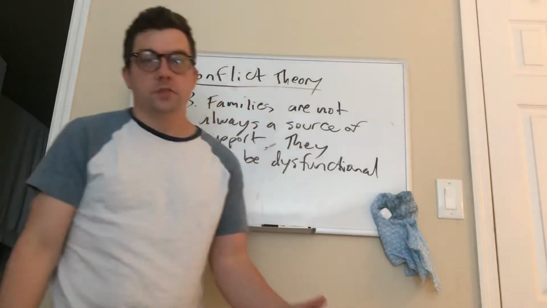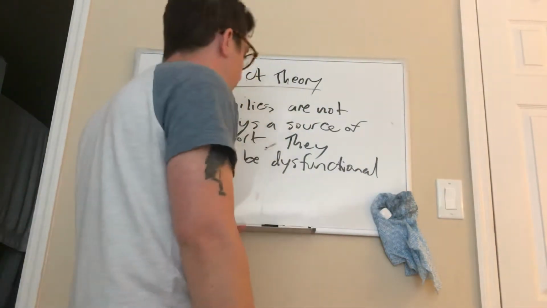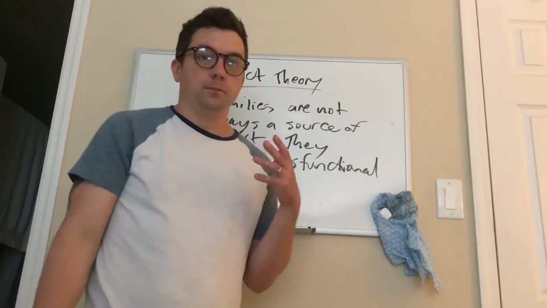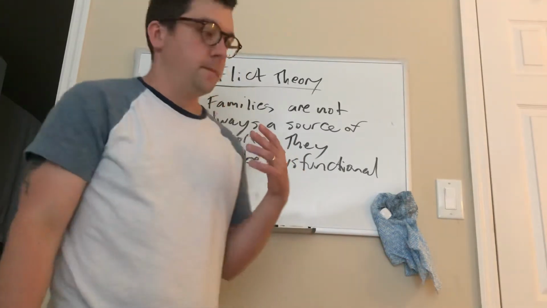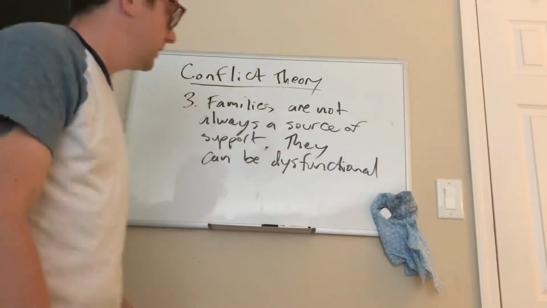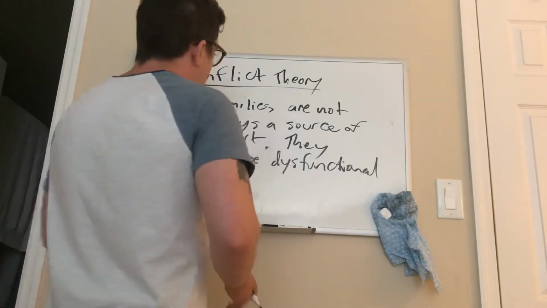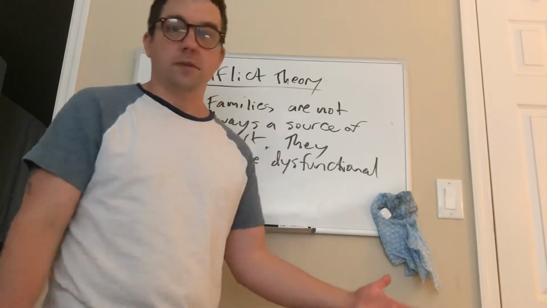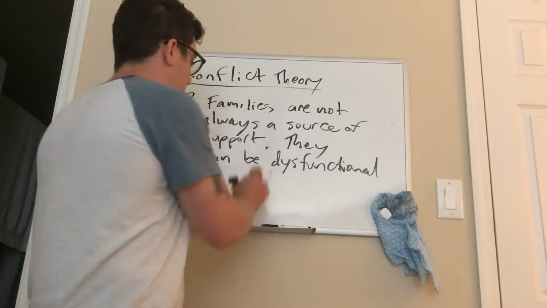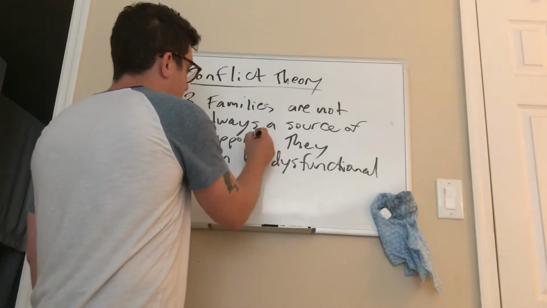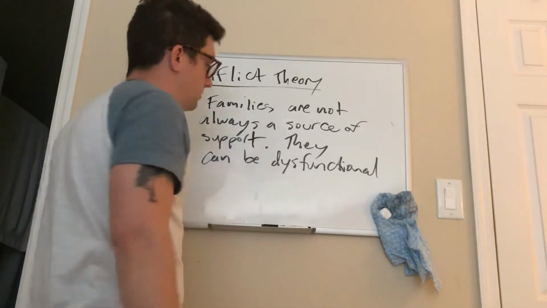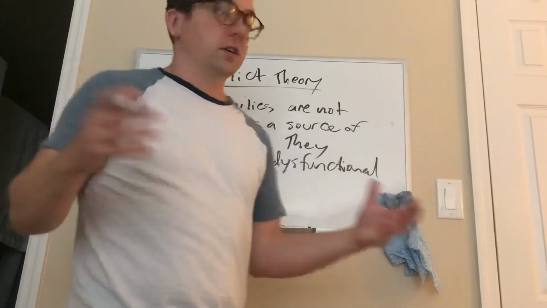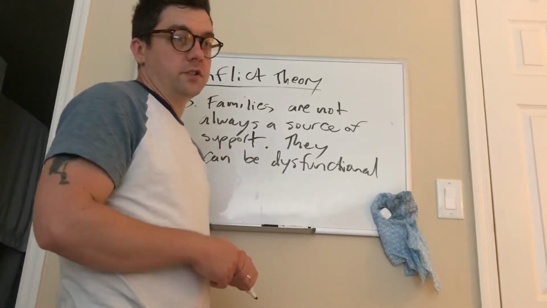And I'll get to problems with families in a bit, but horrible stuff like spousal abuse, child abuse, things like that, neglect. So families can, well, not often, but families can sometimes be dysfunctional and cause all sorts of problems for the people that are in those families, and also that kind of has a ripple effect and causes problems for society in general.